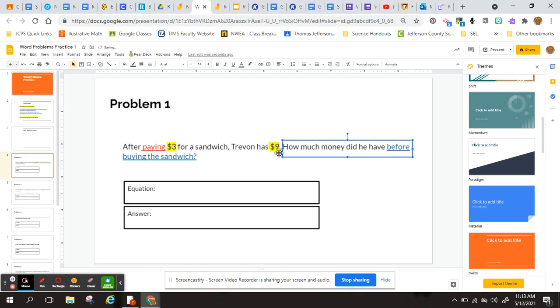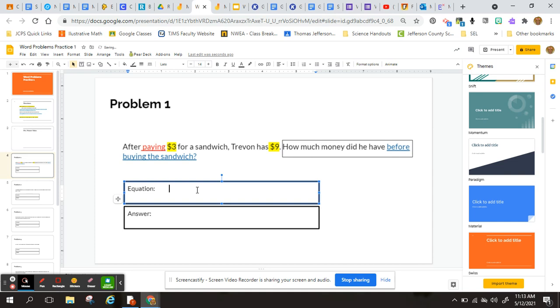There you go. That's our question. How much money did he have before? Basically, that's what we want to know. Okay, so we are going to make an equation that would show us this. I could use my scratch pad. When we get to the answer part, we'll go to the Jamboard, and we might even need our calculator.